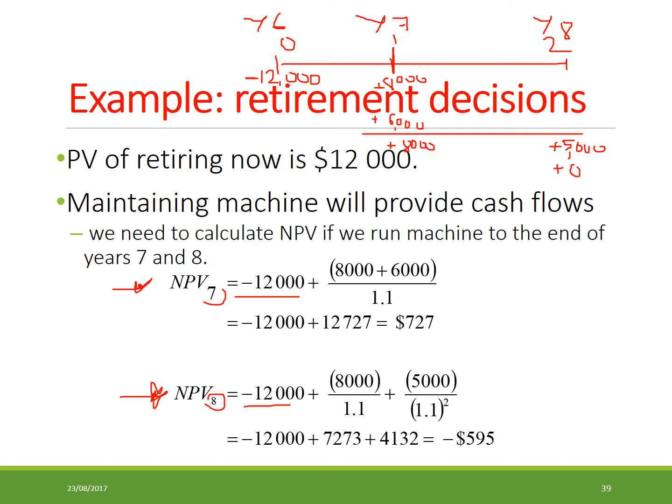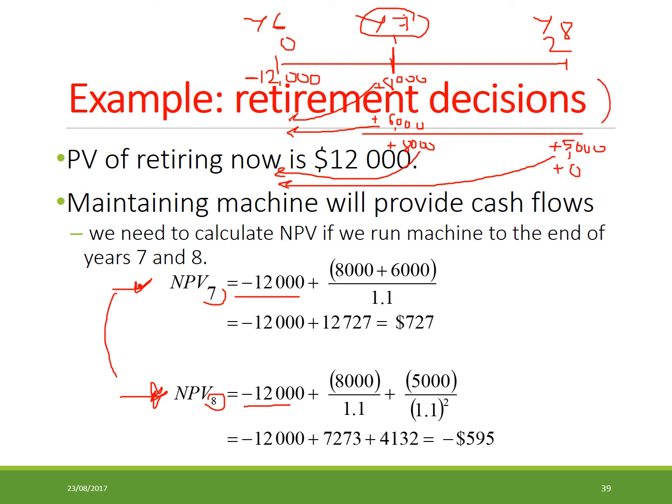So the present value of the first option, retiring in year 7, would be the difference between the present values of these 2 cash flows and $12,000. The present value of the decision to retire in year 8 would be the difference between the present values of these 2 cash flows and $12,000, right? Which is what we're doing here.